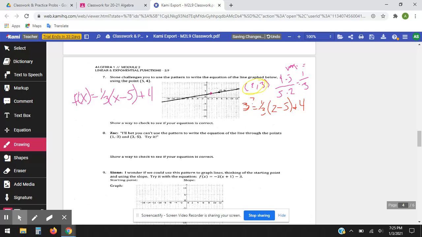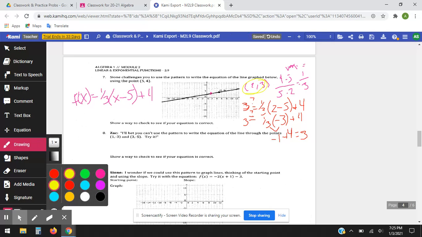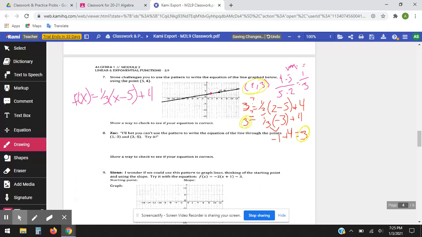I want to plug in that point to see if it works. So does 3 equal 1/3 times 2 minus 5, which is negative 3, plus 4? Well, negative 3 times 1/3 is negative 1, plus 4 does equal 3. So yes, 3 equals 3. We just proved it worked.